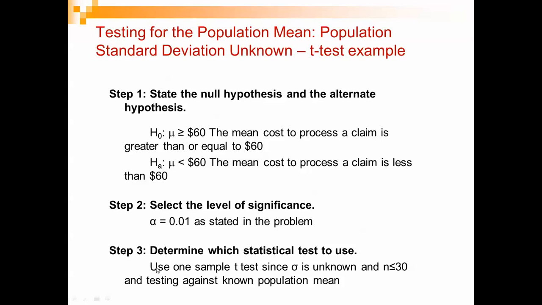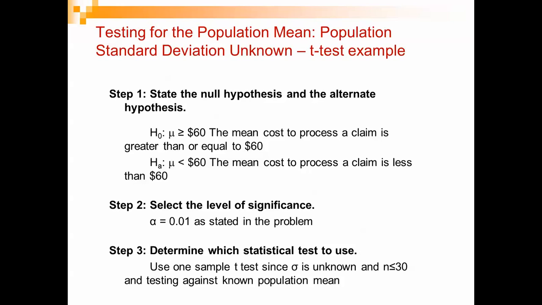Then step two, select the level of significance, and the level of significance is the level of risk of type 1 error. And remember, type 1 error is probability of rejecting the null when it's true. Are we willing to accept? And guess what? We picked 0.01 again as our level of significance, mainly because it's in the problem that way.